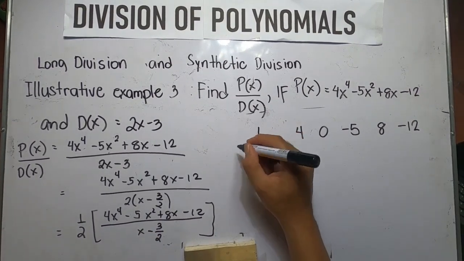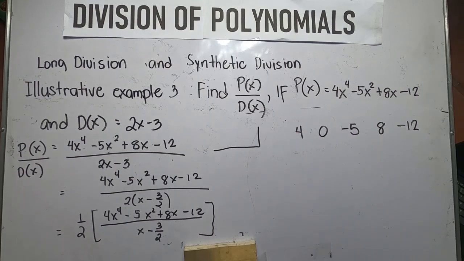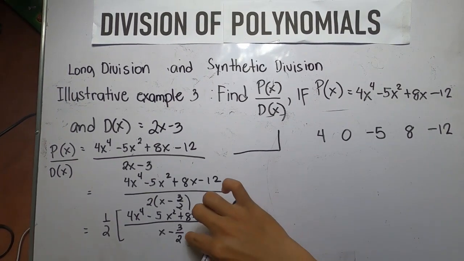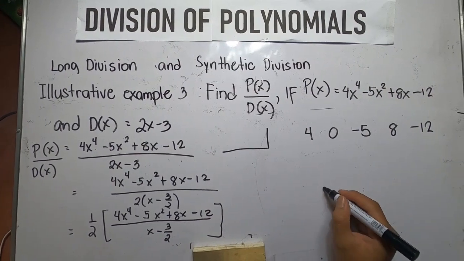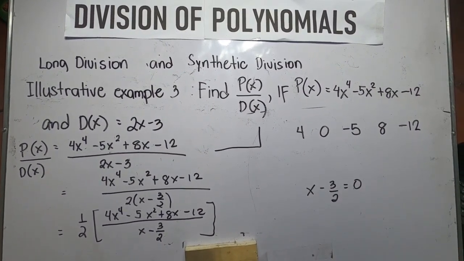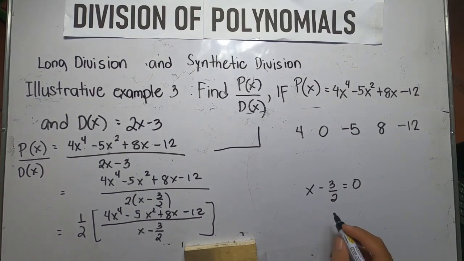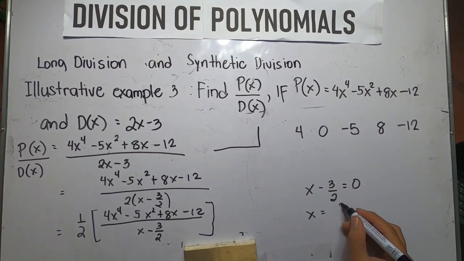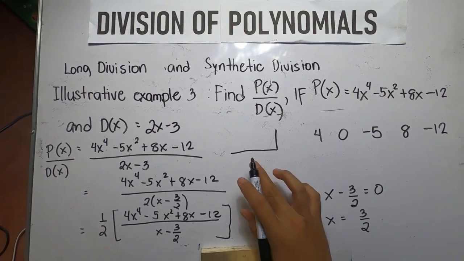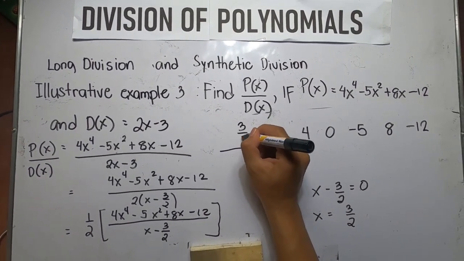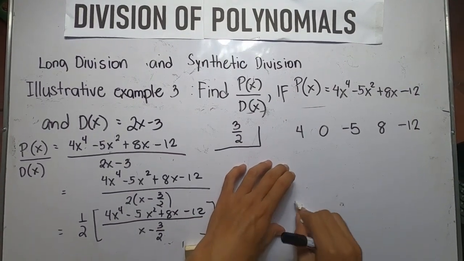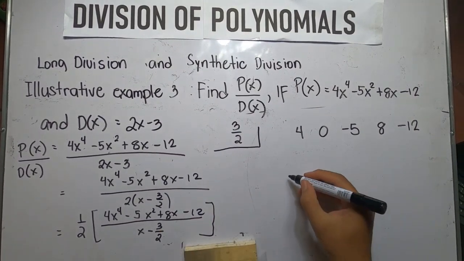Then, we identify the value of a in the form x minus a. We can do that by equating x minus 3/2 to 0. So, by property of equality, we know that x must be positive 3/2. So, we have now the value of a as 3/2. Then, we can now proceed to synthetic division.